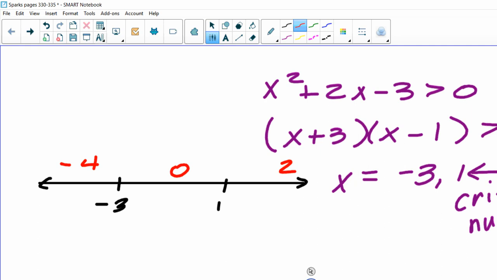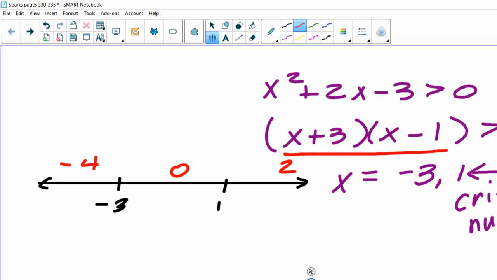2. And what we want to know is, do those numbers we wrote in red make this greater than 0 or not? Now remember, I don't care what the number is, I just want to know, is it bigger than 0 or not? If we let x equal -4, is this factor positive or negative? Negative.